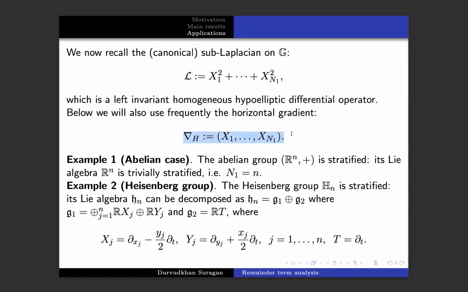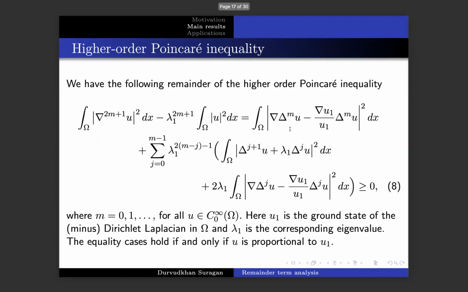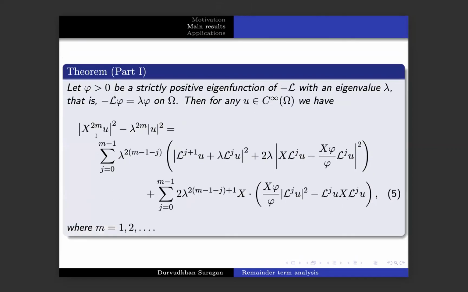It's not the full gradient, but still it's some gradient, and it can be denoted by nabla h. These are the main operators involved in our algebraic relation. So let's go back: instead of x, we now have the horizontal gradient, and instead of L, we now have the sub-Laplacian. We can just plug those in, because this theorem is about general vector fields.